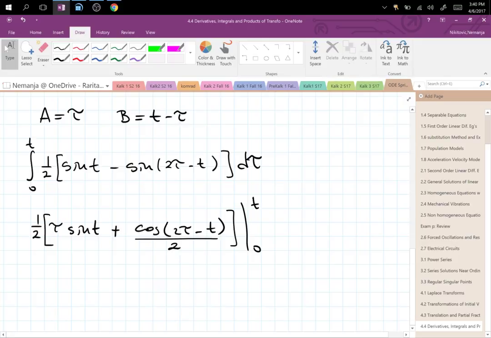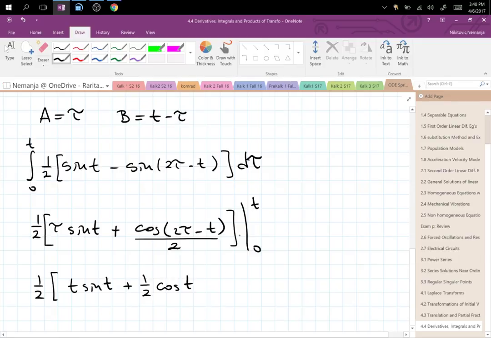So now each tau is going to get a t or a 0. So I have 1/2 t sine t plus 1/2, when you plug in t for tau, you get cosine t. Now we plug in 0.